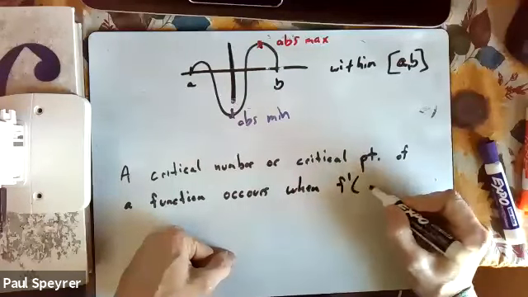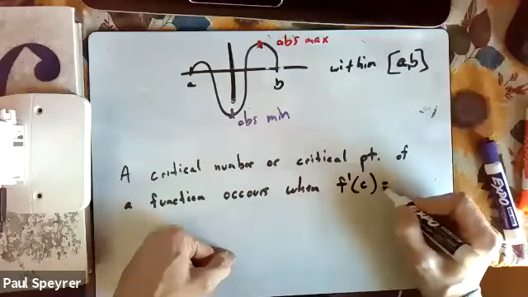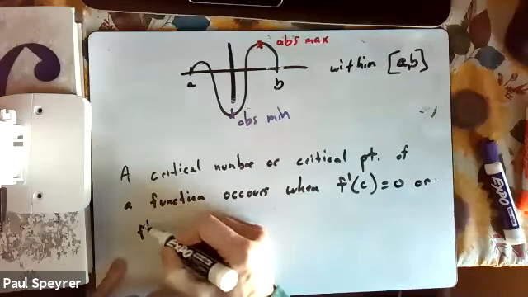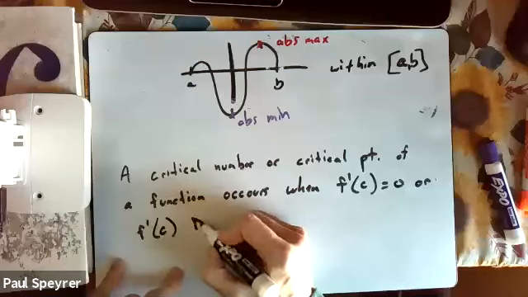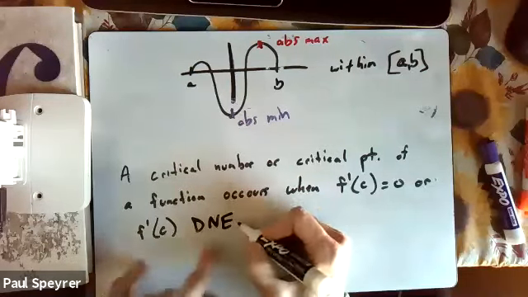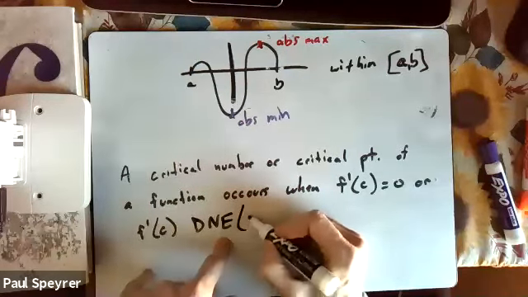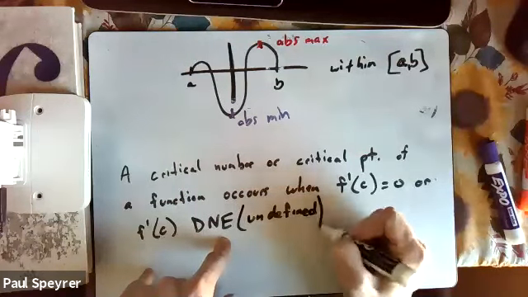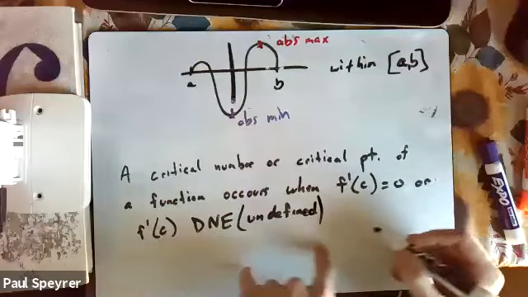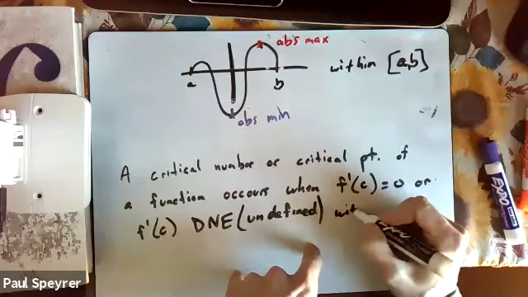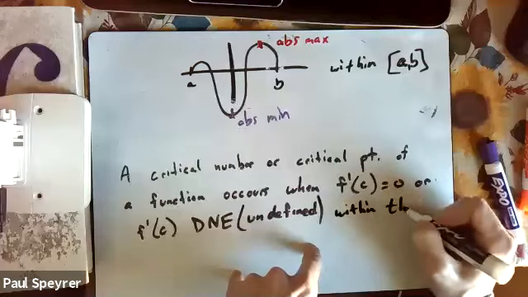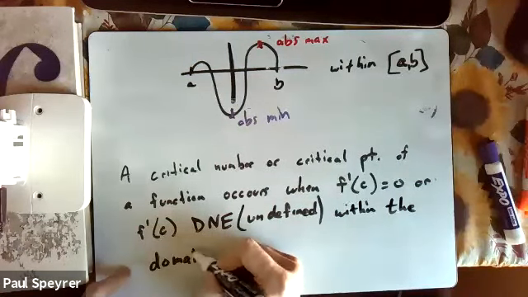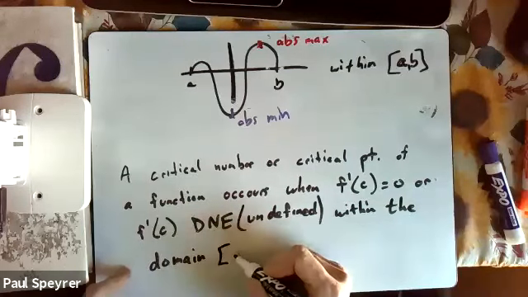F prime of C equals 0, or F prime of C DNE, does not exist. Okay, that just means undefined. And all this is happening within the domain AB.